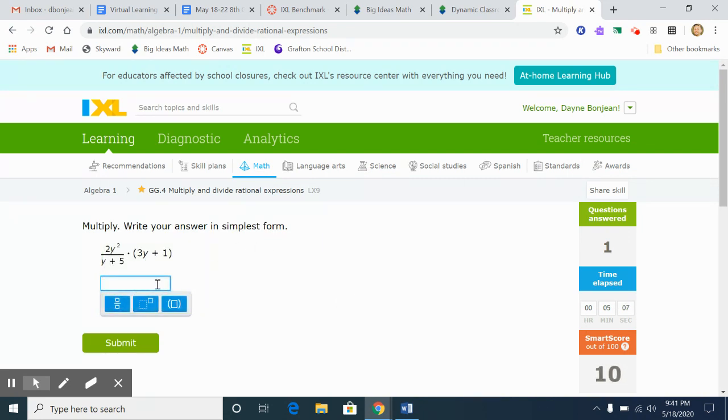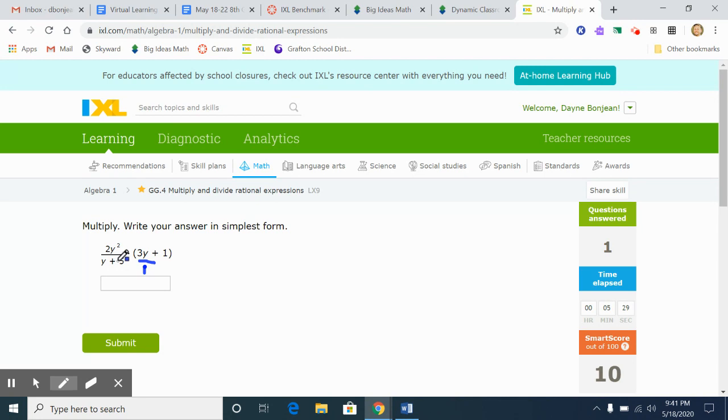It's multiplication this time, so we don't have to do any flipping. I'm just going to right away put this over 1. And again, I'm going to look to factor. I don't even need to rewrite this one because I'm seeing it now. 2y squared, that term cannot be factored, it's one term. Y plus 5 cannot be factored.